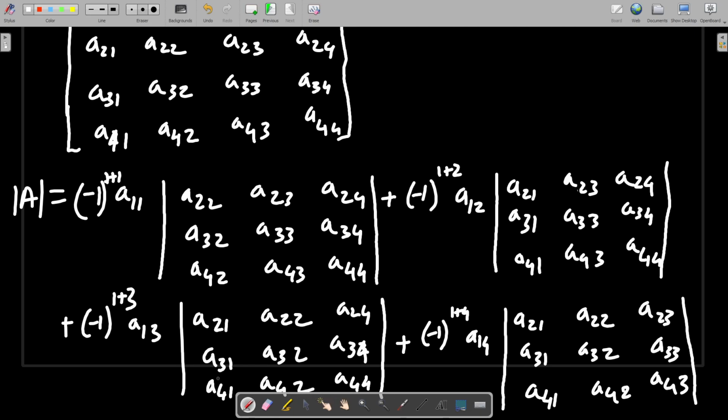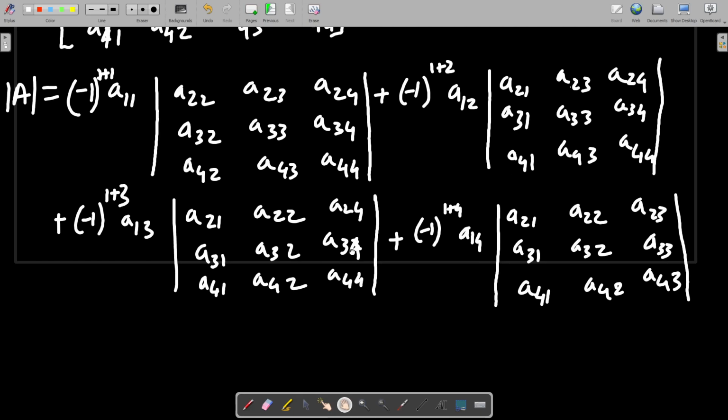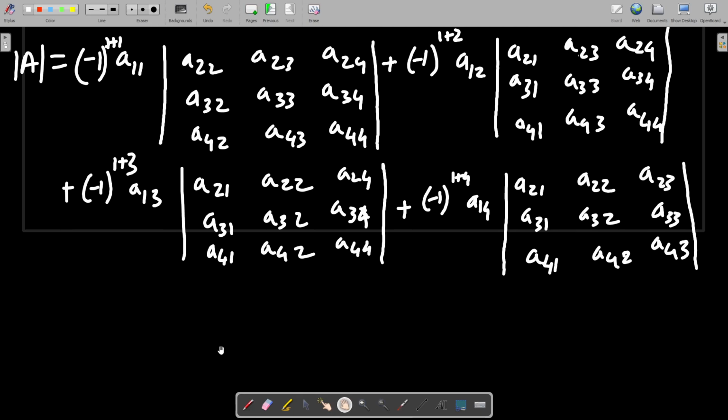Now the only thing you have to do is simplify the powers over here. I told you how to calculate a 3 by 3 determinant in the previous part, so I won't elaborate more. What I'll write down here is only these simplifications. The determinant of A is minus 1 to the power 1 plus 1. 1 plus 1 is 2, and minus 1 to the power 2 is plus 1.